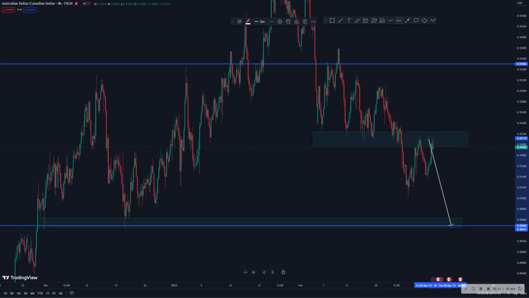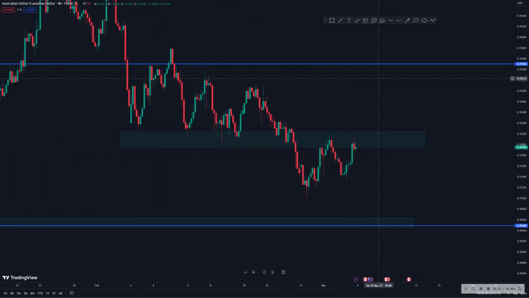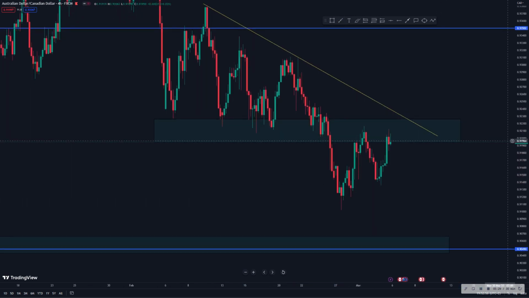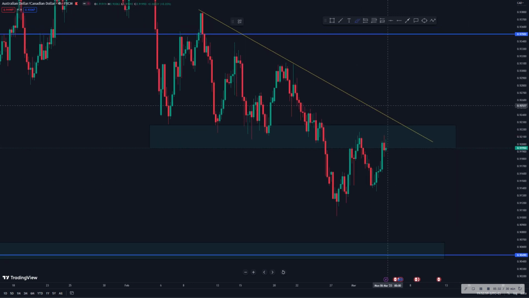So overall we are bearish given we have this right here as well. So this is high probability because this trend line resistance also adds as confluence. So we could have price playing around this area here, taking a bit of that imbalance right there, right? And then we could see it plummet down.